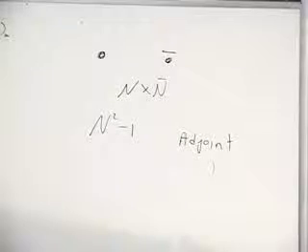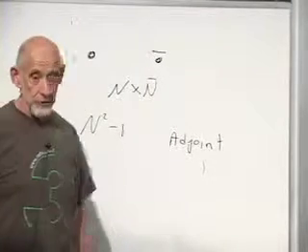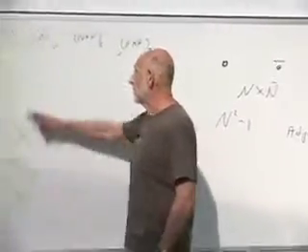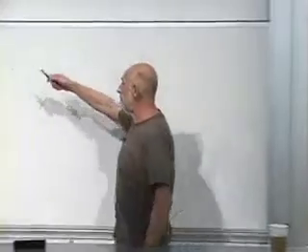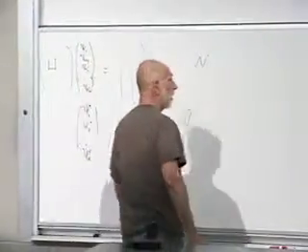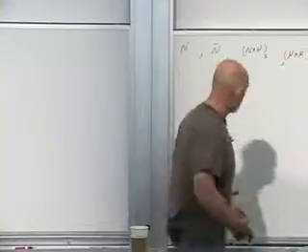All right? So this is all we need to know about group representations, that there's the representation n, which is the fundamental defining representation. There's the representation n bar, which is the complex conjugate.